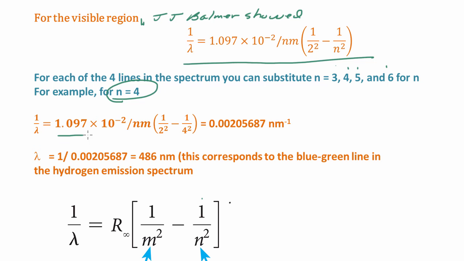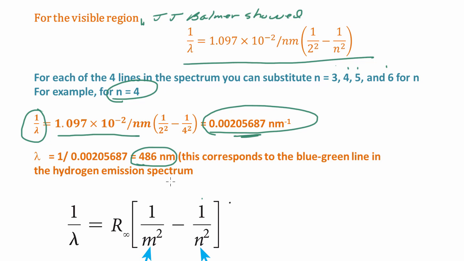So 1 over the wavelength is R times 1 over 2 squared minus 1 over 4 squared. And this gives us 0.00205687 reciprocal nanometers. I want the wavelength, so what I have to do is divide 1 by this, and this corresponds to 486 nanometers. 486 nanometers is the blue-green line in the hydrogen emission spectrum, which you can see in that figure on the previous slide and also in your book.